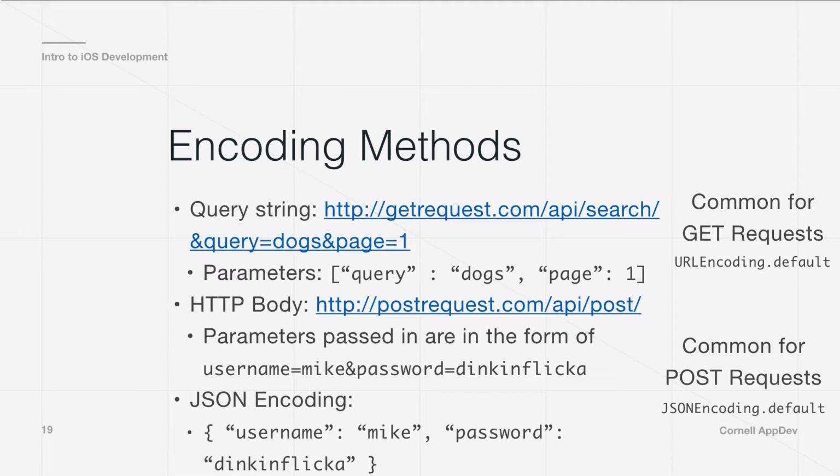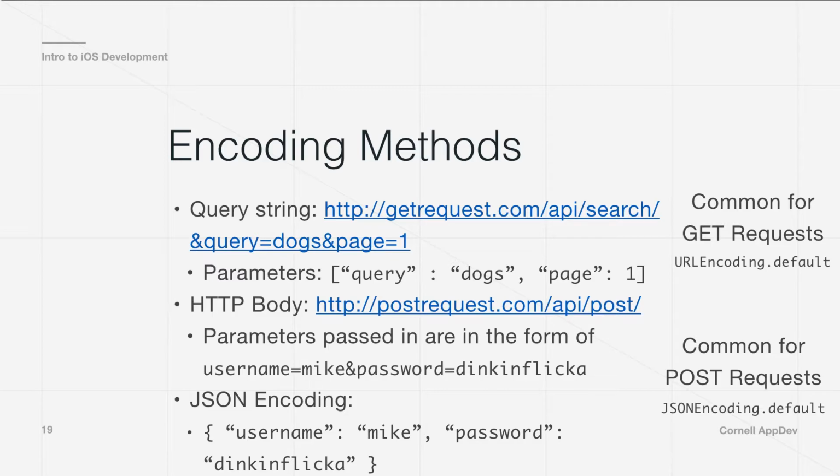And then the query string would look like this in the URL: getrequest.com/whatever/search, and then ampersand query equals dogs, ampersand page equals 1. So this is actually how it would load on the internet. You've probably seen this in your URL address bar on your browser. That's basically how the format looks.